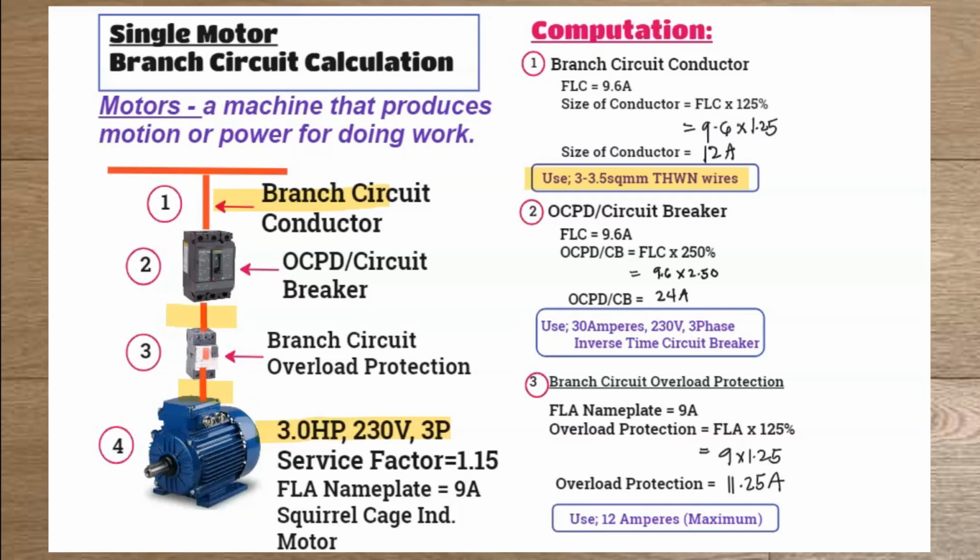Our OCPD or circuit breaker or ground fault protective device comes out as 30 amperes, 230 volts, 3 phase, 3 poles inverse time circuit breaker. For our branch circuit overload protection, we got 11.25 amperes, so use 12 amperes as maximum. That is how to size the branch circuit computations for a single motor.